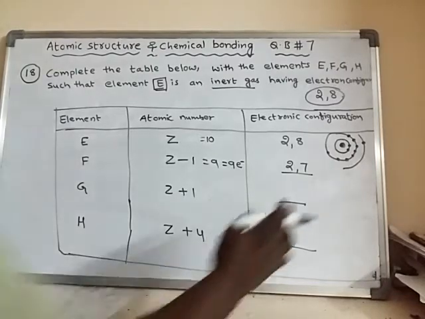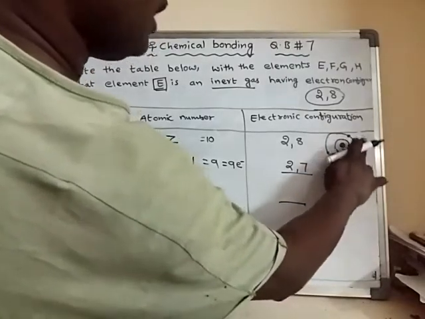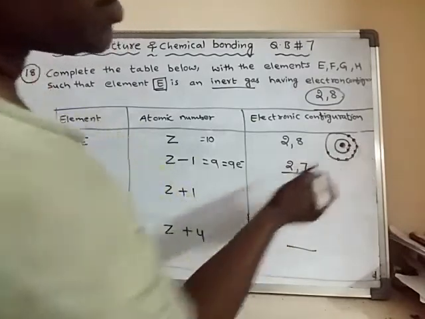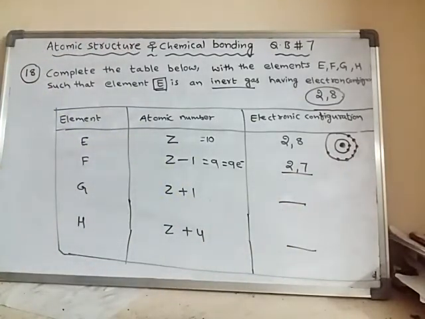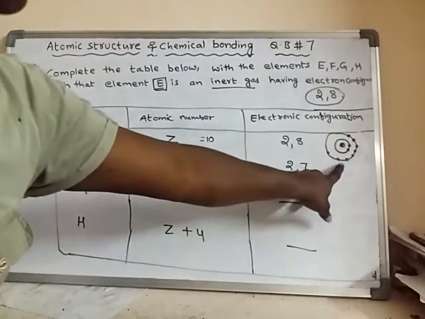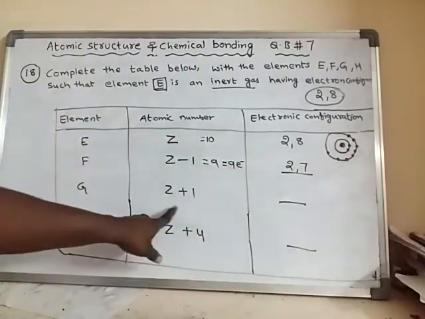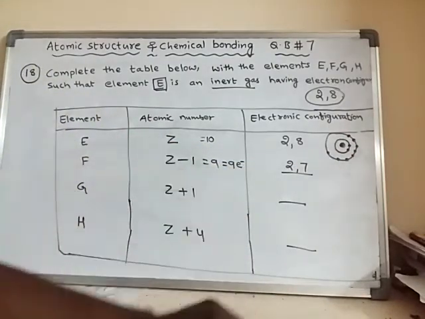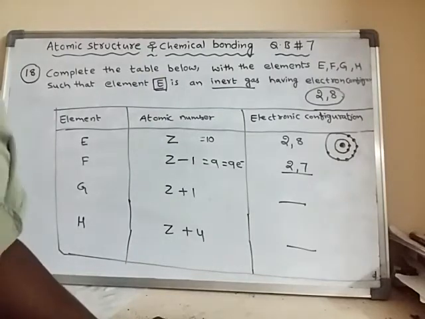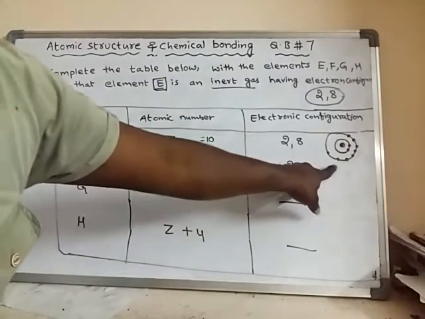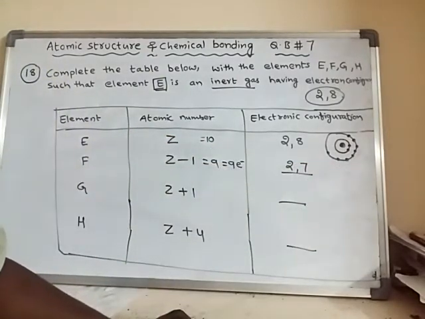Always remember, this condition is applicable only when the outermost orbit is having 8 electrons. If you want to add one more electron, that additional electron cannot enter into the outermost orbit having 8 electrons. The additional electron will enter into a new shell. A new shell will be opened.